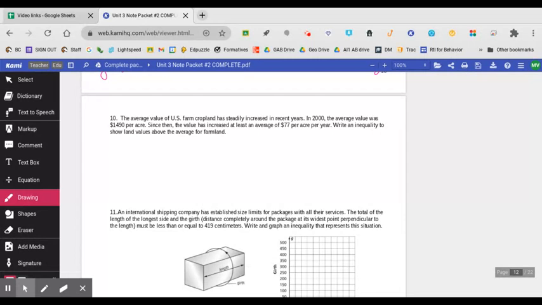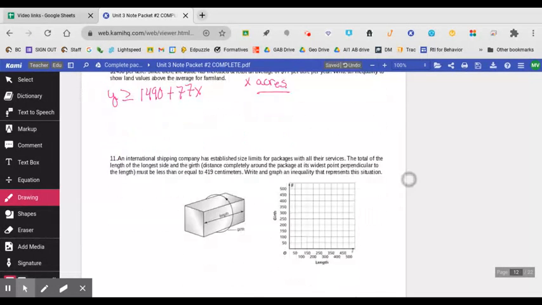Above the average means that the price is going to be greater than the average. So that means it's going to be y is greater than or equal to $14.90 plus 77x, where x is the acres. And that's all we had to do there.